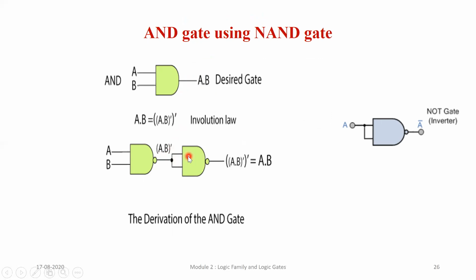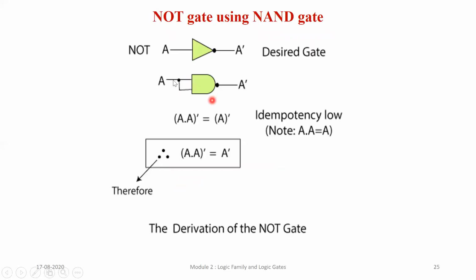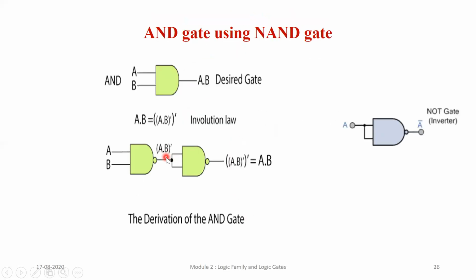So I short both the inputs of the NAND gate, and this becomes my inverter IC, the same one we did earlier. Suppose the output is X; if I short both the terminals, I get X complement.